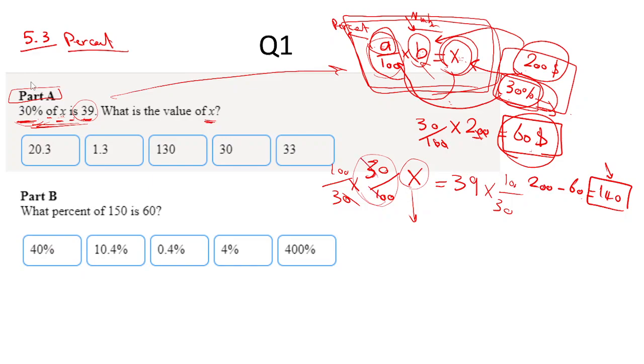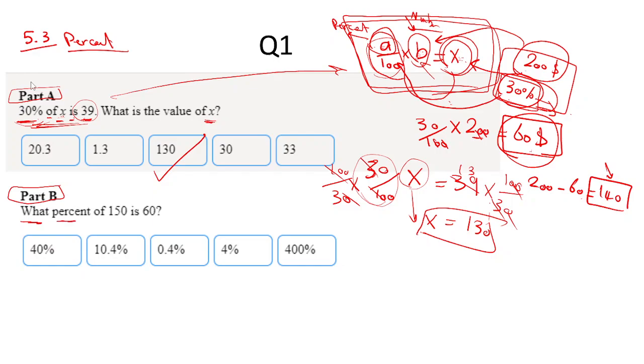This one will simplify now. 30 goes with 30. It's 39 times 100 over 30, so 13 times 10. So the answer for X will be 130. So this is the solution for this one. Very simple. Let's have part B.